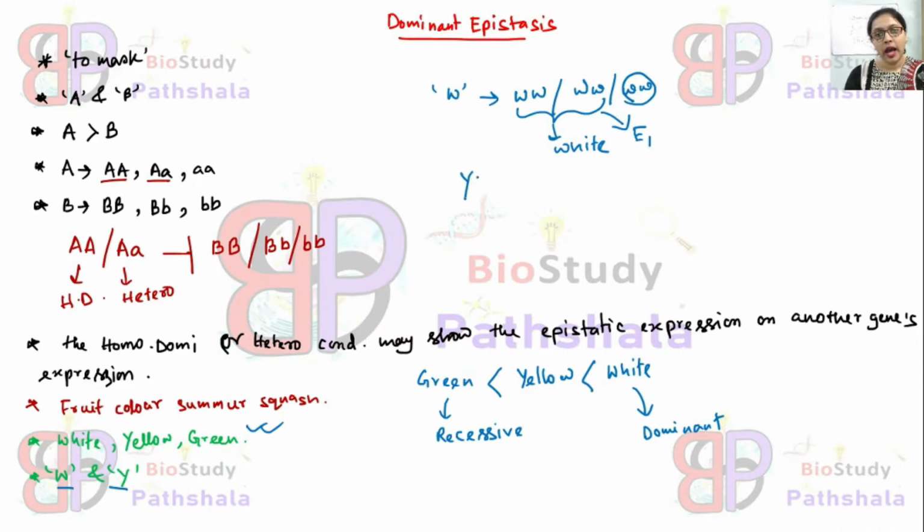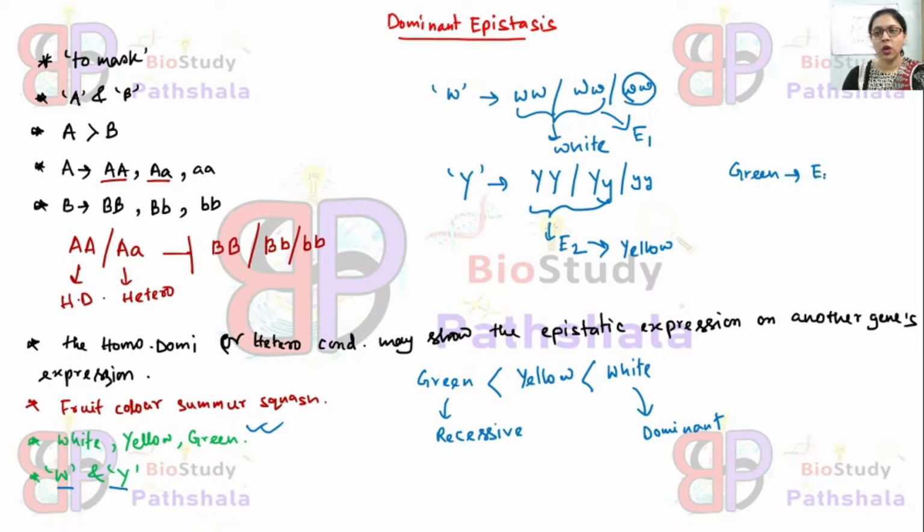The Y gene genotypes, capital Y capital Y or capital Y small y, show the E2 enzyme product, which leads to formation of the yellow color, and the precursor color is green for both E1 and E2. That means green color with the enzyme activity of E1 forms white color, and green color with the enzyme activity of E2 forms yellow color. So this is the gist of dominant epistasis.